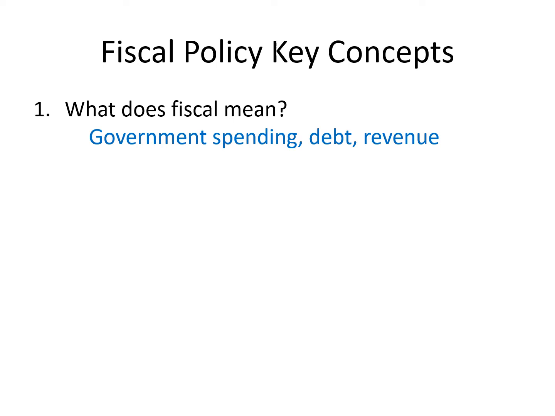It's going to go up a lot since coronavirus because the government's put a lot of money into the economy. Government spending is what it spends its money on, and also its revenue, the amount of money that the government collects through taxes.